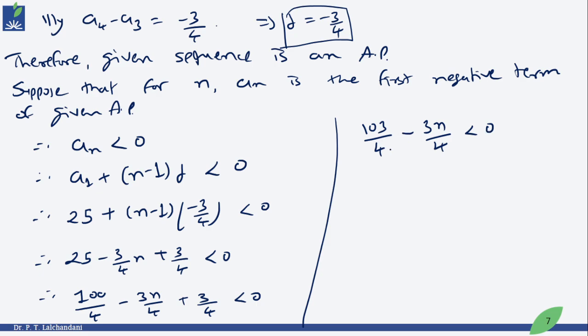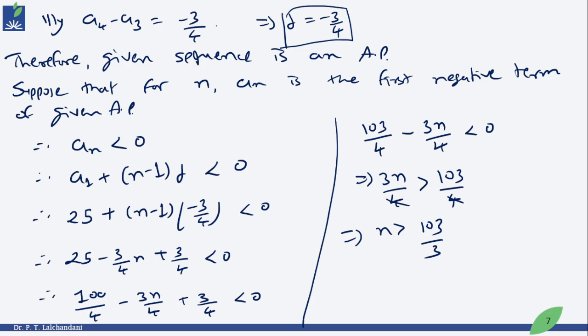Okay, so here a minus b is less than 0. It simply means that b is larger than a, so this number is bigger than this, right? This implies that 3n upon 4 is greater than 103 upon 4, and this 4 gets cancelled out. This implies that n is greater than 103 divided by 3.